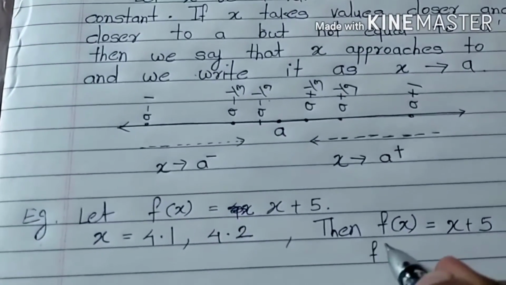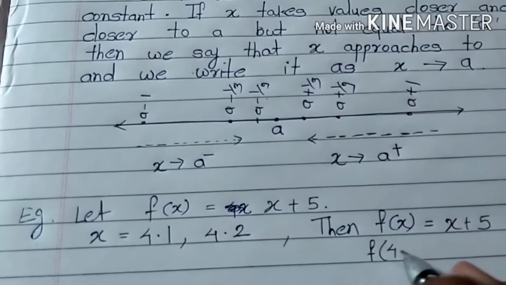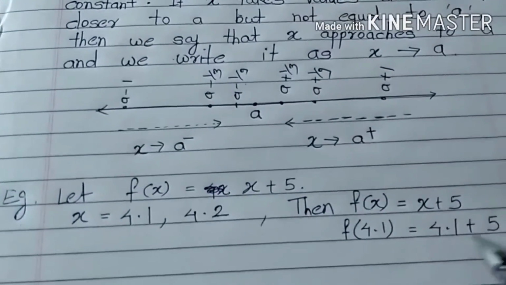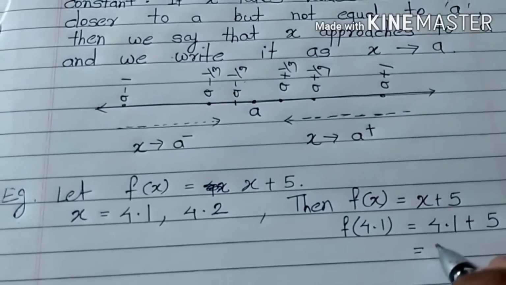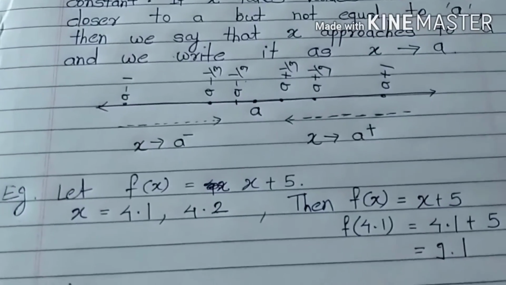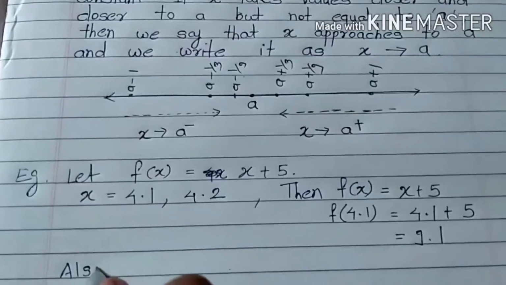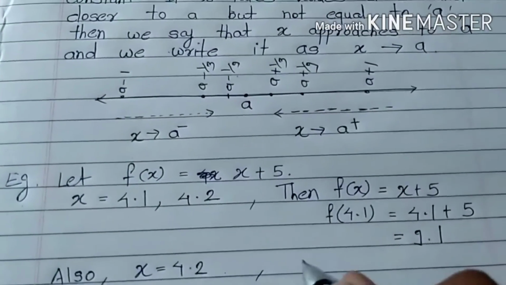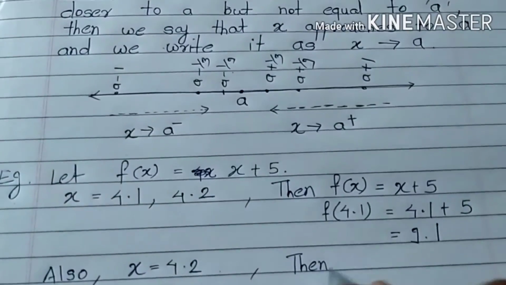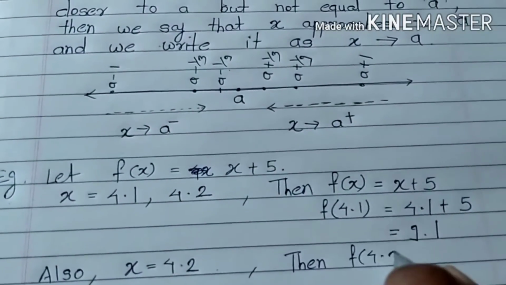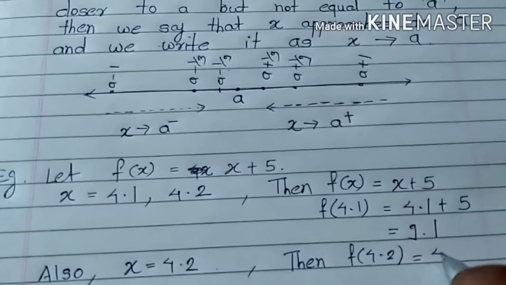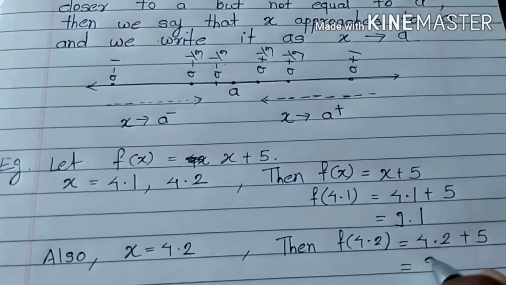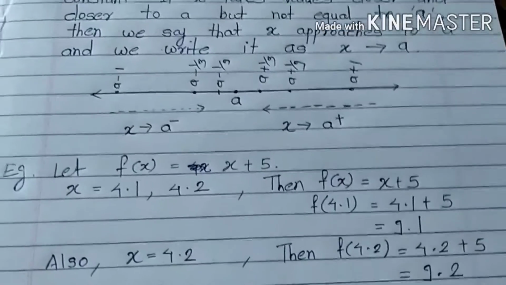So if we take x equal to 4.1, then 4.1 plus 5, now add this, so we get 9.1. Also x equal to 4.2, then f of 4.2 is equal to 4.2 plus 5, and it is 9.2.